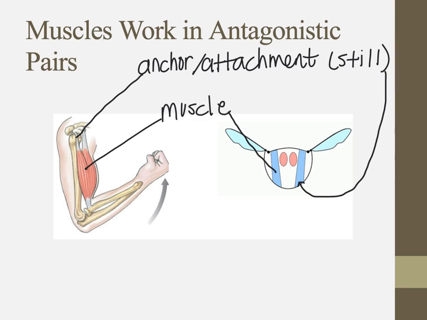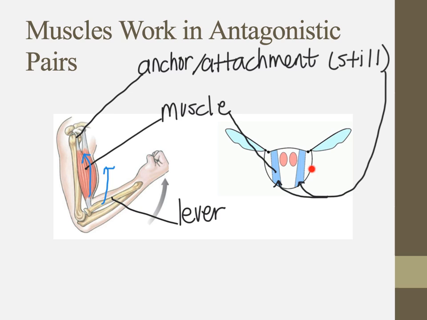I could have drawn that in either place. So it's attaching right there. And then we have the lever. I can imagine how if this muscle was going to shorten, it would bring this bone that it's attached to upwards as well. And so that's how I know this bone is the lever.